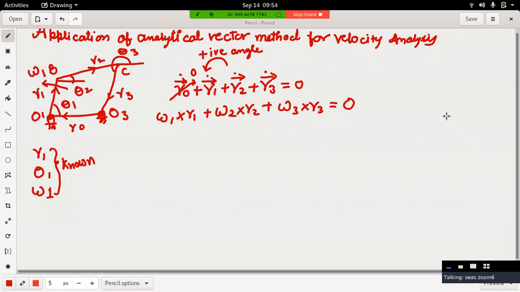It's nothing but the differentiation of R1, R2, and R3 respectively. Okay. What is omega 1 cross R1? Let me expand this first term.